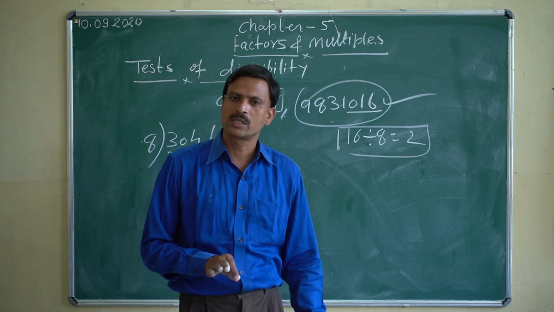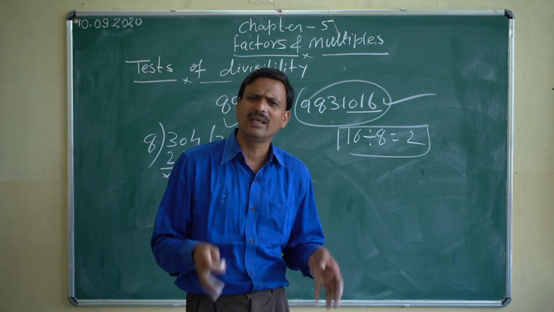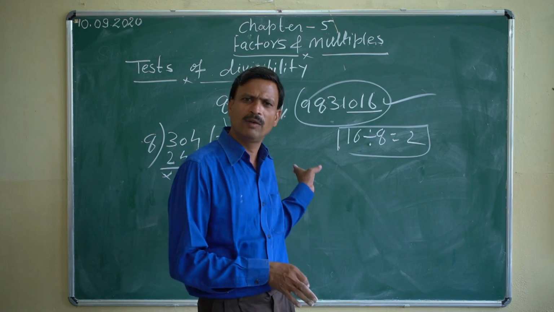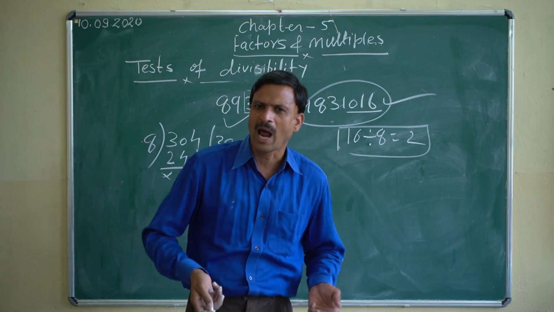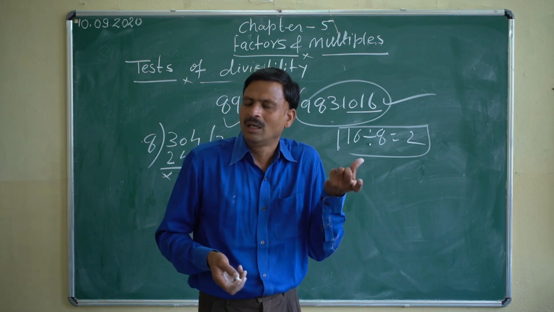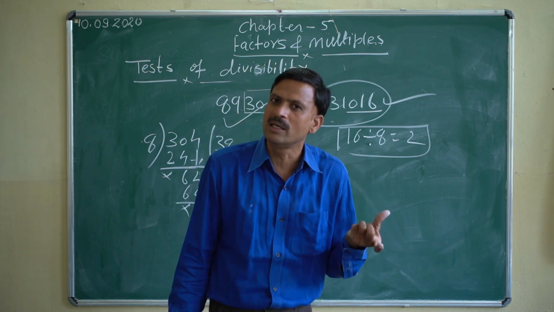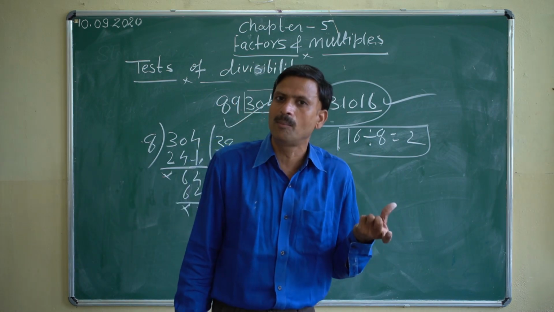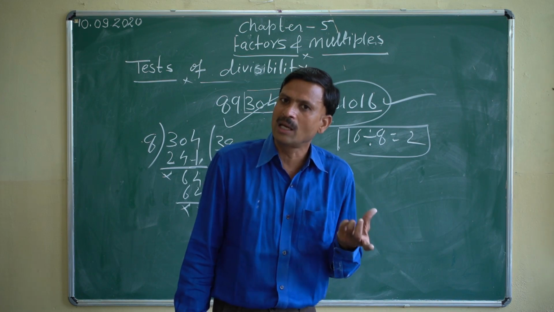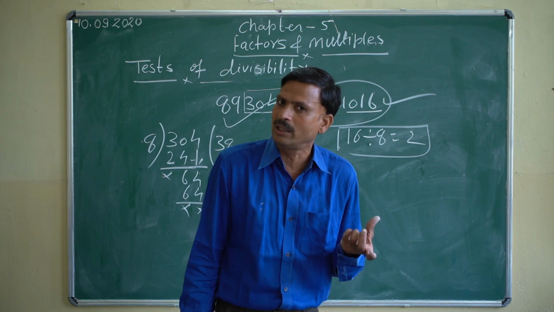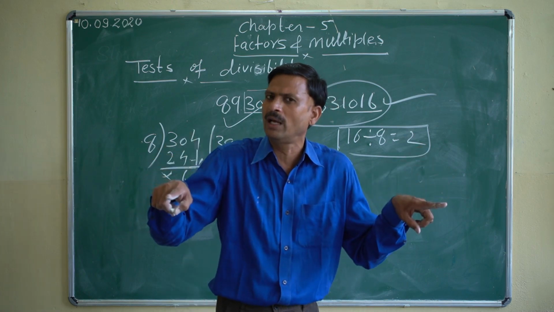Any doubt? Okay, you can take any number. No problem, whatever is given in the book you will take. You can write any number of your own and see what number is formed from the last 3 digits, and you will divide that number by 8. If that number is exactly divisible by 8, the whole number will be divisible by 8.